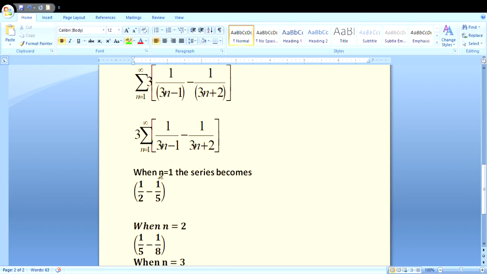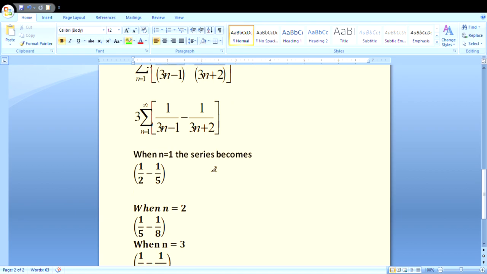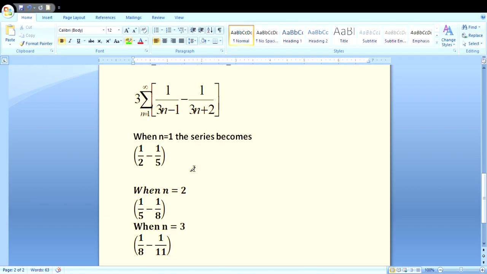Now let's look at something special here. When n is equal to 1, in place of 3n minus 1, 3 times 1 is 3 minus 1 is 2, so this becomes 1 over 2. In place of 3n plus 2, 3 times 1 is 3 plus 2 is 5. So the series becomes 1 over 2 minus 1 over 5.